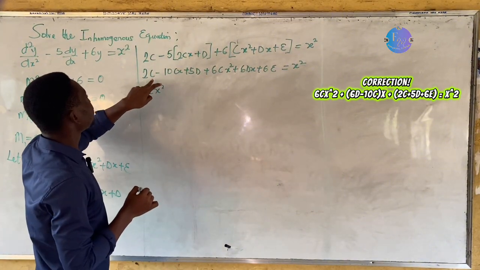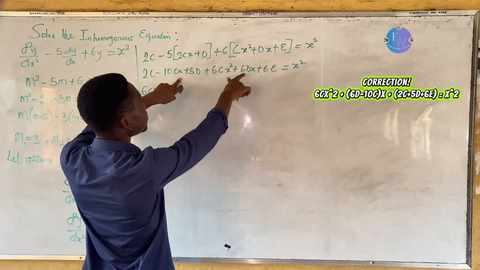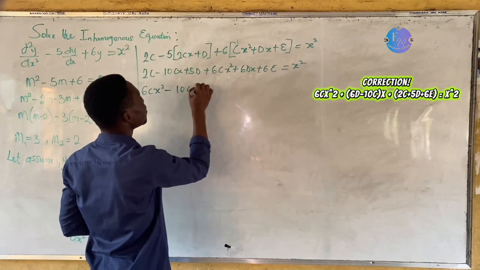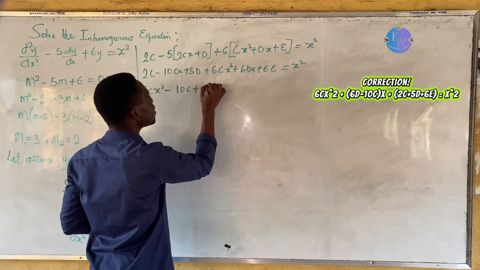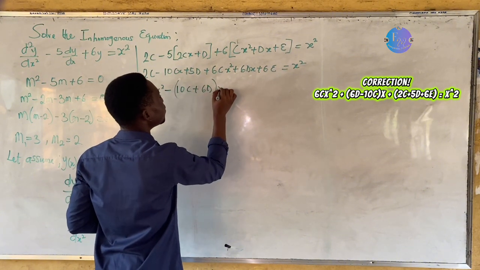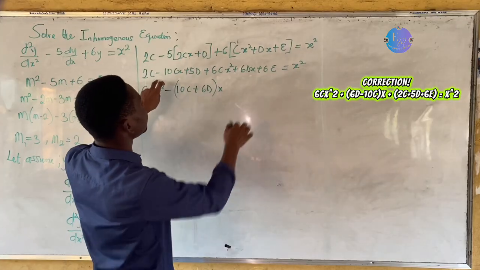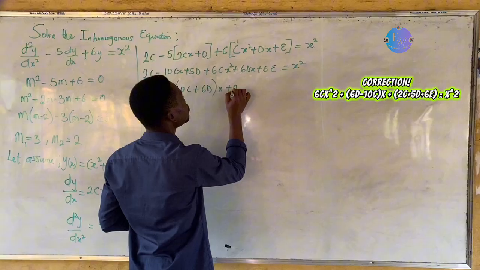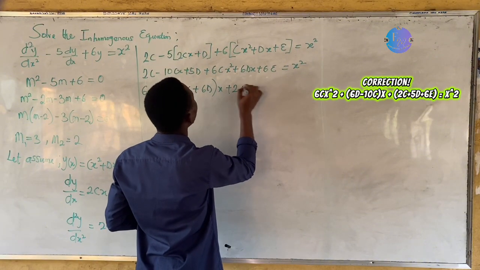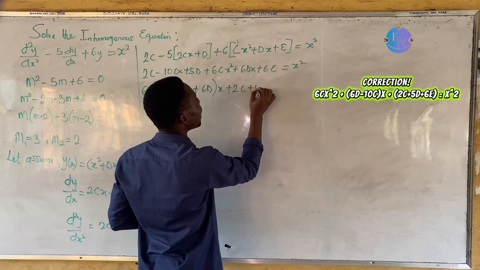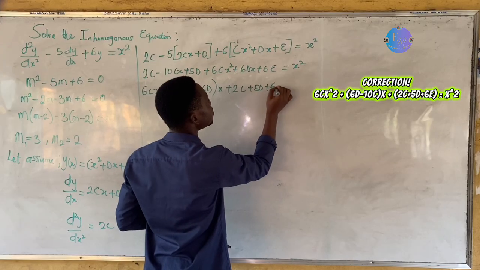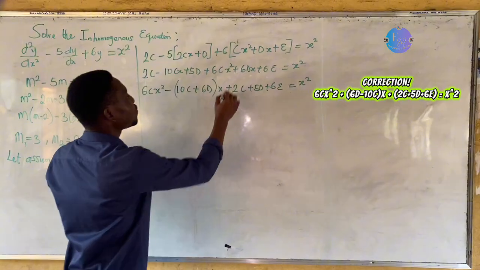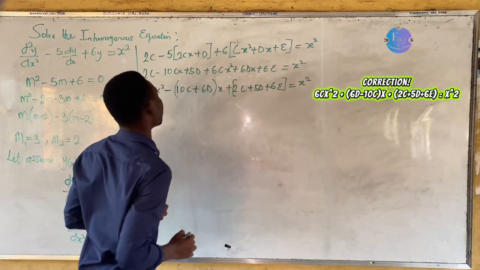The ones that have x, we have minus 10c plus 6d, times x, and then we have our constant, which is plus 2c plus 5d plus 6e, all equal to x squared. So we have successfully grouped each term together.